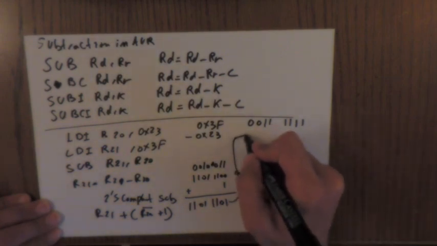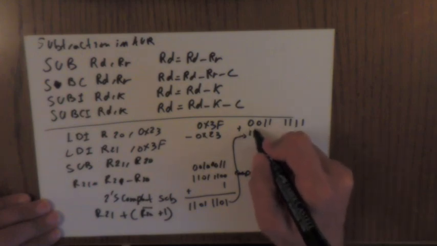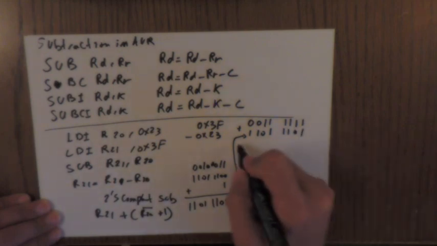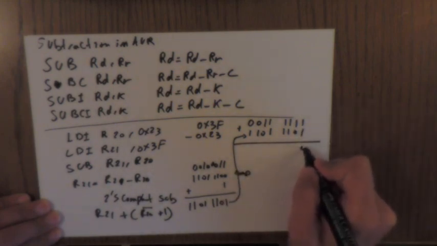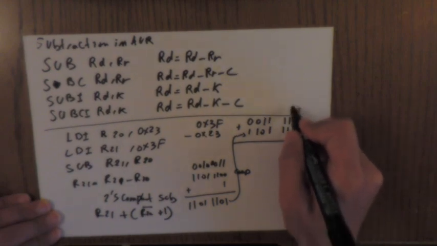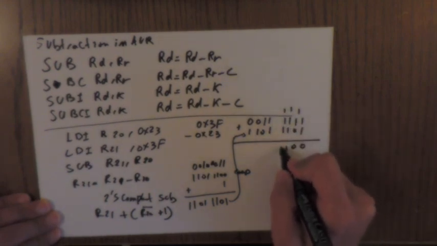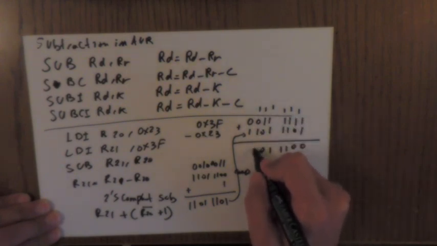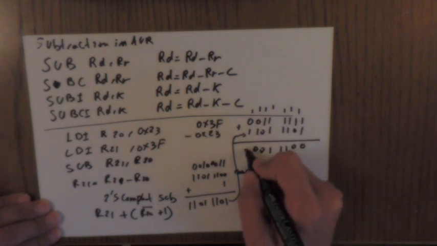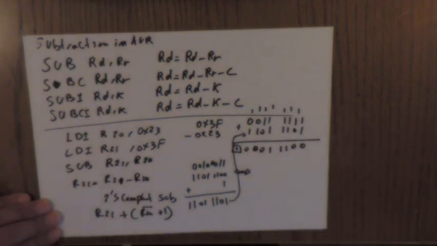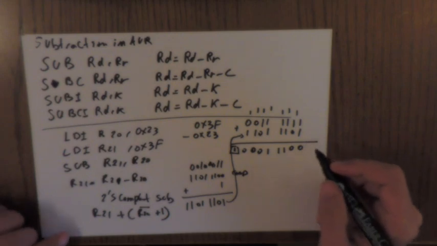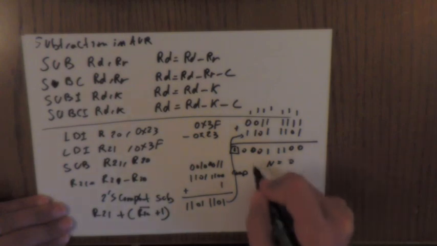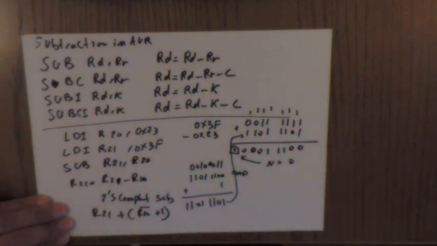So we plug this here and we perform the addition, and the carry will be 1. If we look here, the number is positive because the most significant bit is 0.